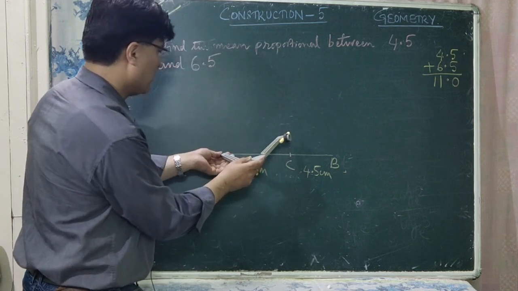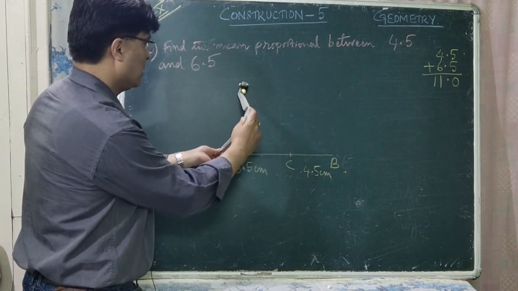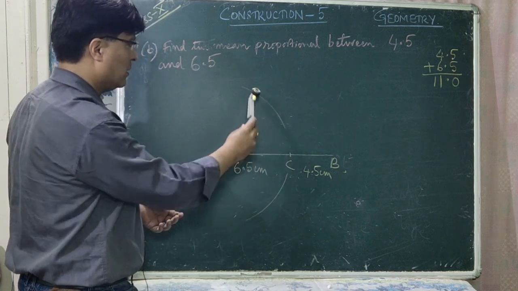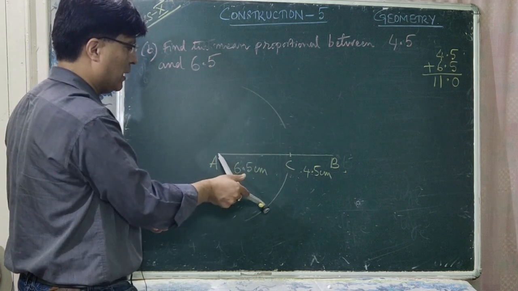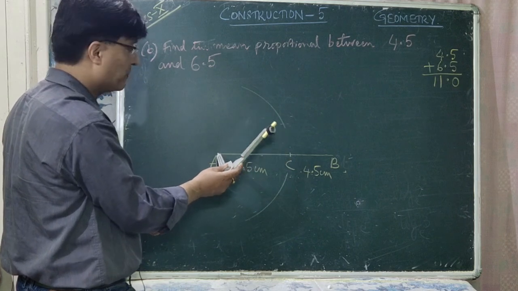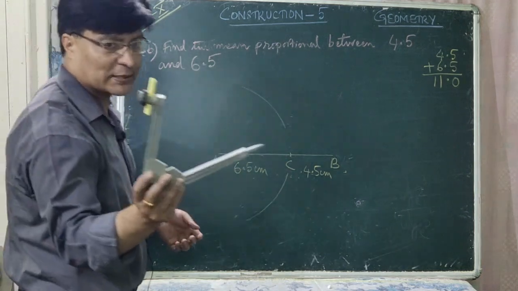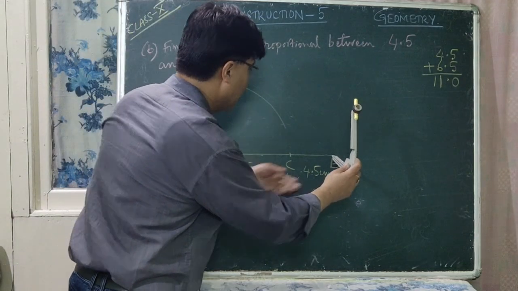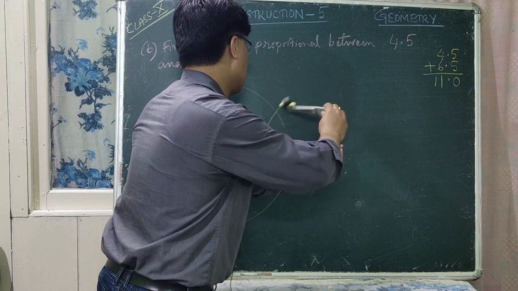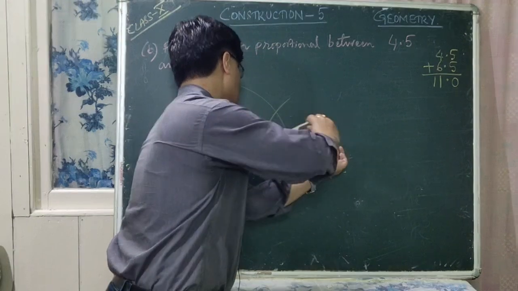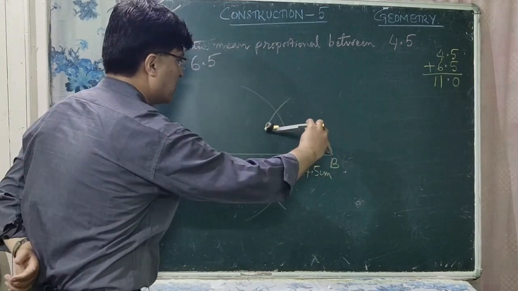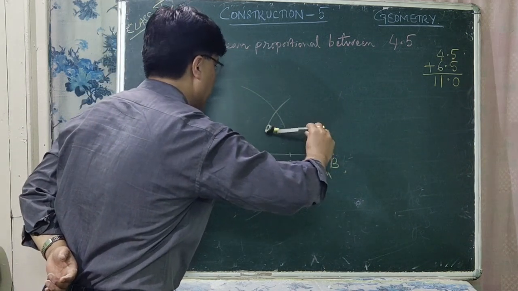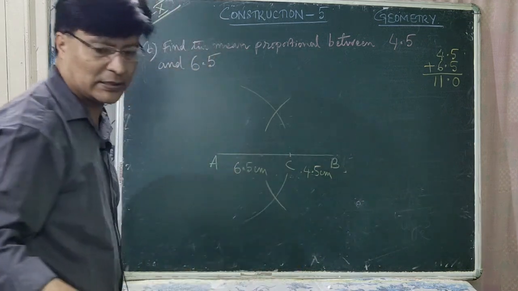Now you have to draw the two arcs, one above AB and the other below AB, right? Is that clear? Now don't change this compass. Without changing it, place it at point B and cut the previous arc. Place it at point B and cut the arc like this.